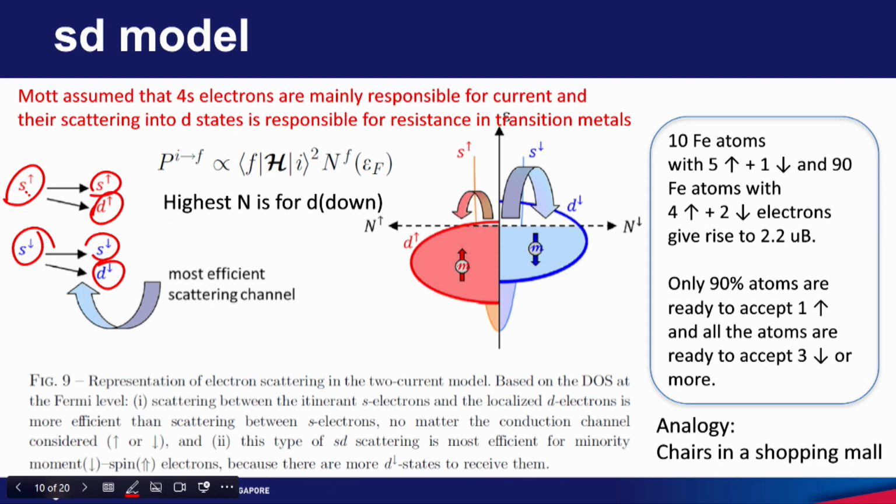Okay, so let us summarize what we have learned so far. First point is that there are 2 channels for spin up electrons and spin down electrons. Second point is that s electrons are responsible for conduction and they can get into d state, and that is the one that gives rise to resistance phenomena, and this scattering potential is more for spin down electrons.